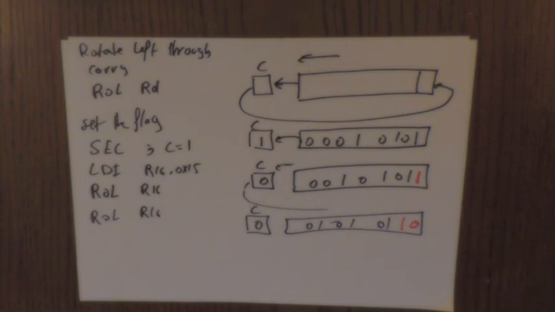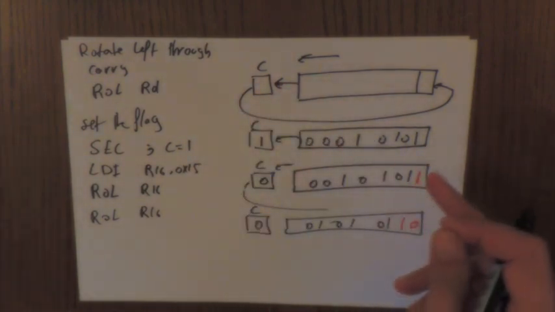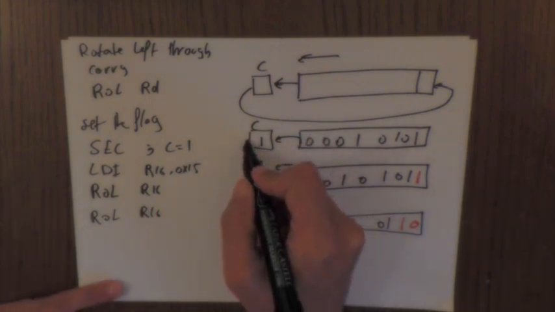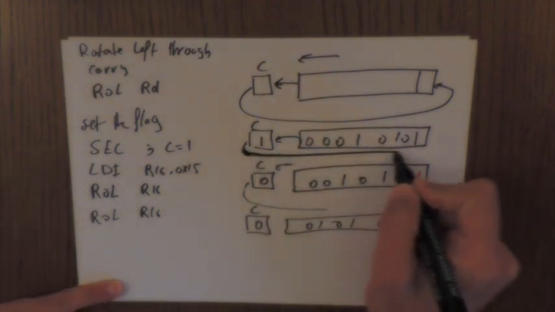Another operation that will be useful is shifting. Shifting is about throwing bits into the carry without having this rotation. Here we notice that we are rotating. The bits are going from one place and then returning to the other side.